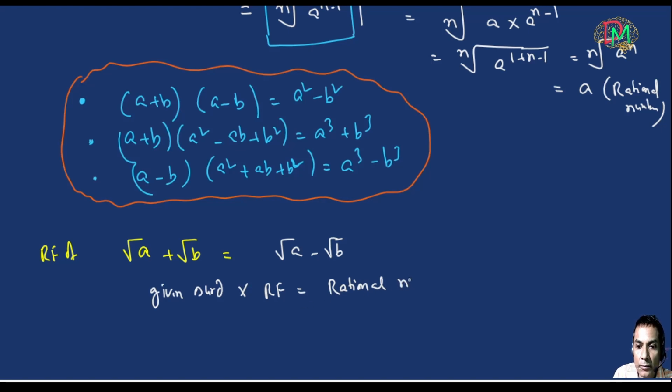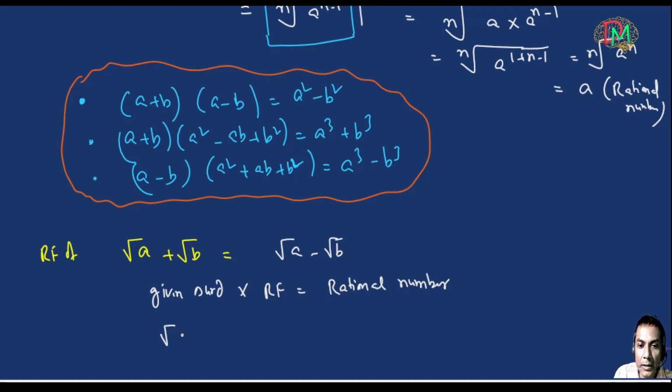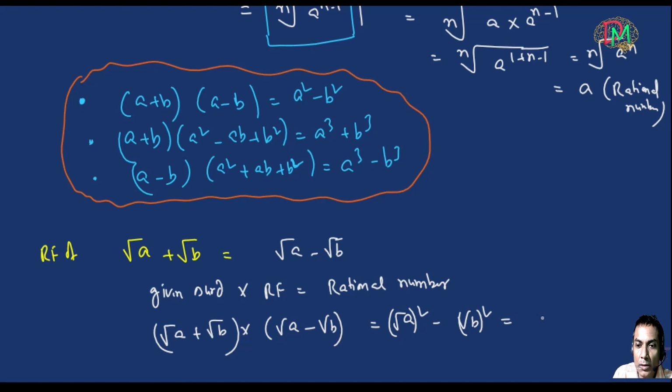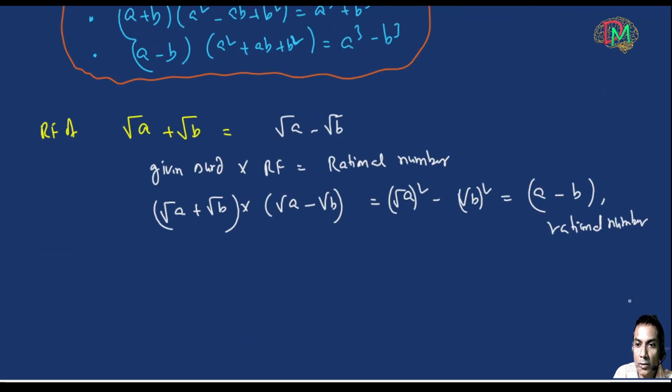So let's check whether it is satisfied or not. If we multiply root a plus root b into root a minus root b, we get root a square minus root b square. That is a minus b, so it is a rational number. Clear? So we can say that root a minus root b is the RF of root a plus root b.